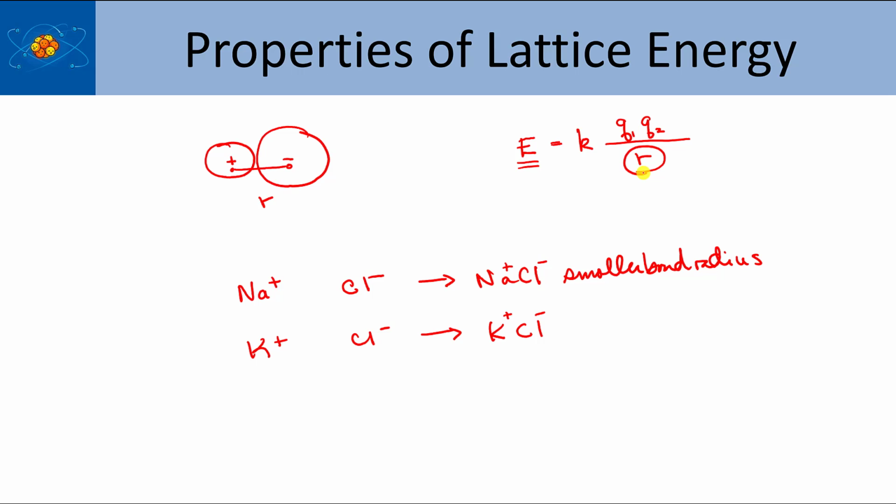A general property of the lattice energy is that smaller ions of the same charge produce greater amounts of energy released, or have a larger lattice energy. So smaller ions, write this down here.